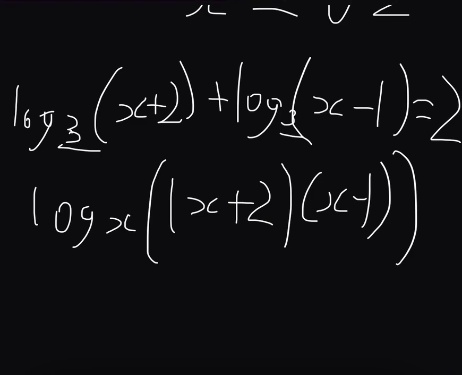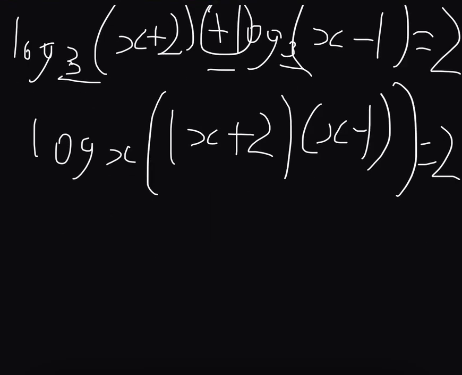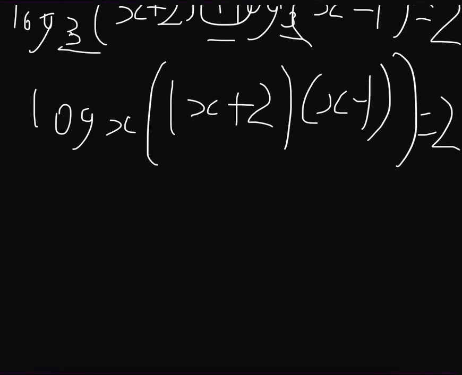Now, if this wasn't plus, say this was minus instead, then it wouldn't be x plus 2 times x minus 1. Instead, it'd be x plus 2 divided by x minus 1. But in this question, it is plus. Now this equals 2. And here we can just do, hold on, this is not an x, this is 3.